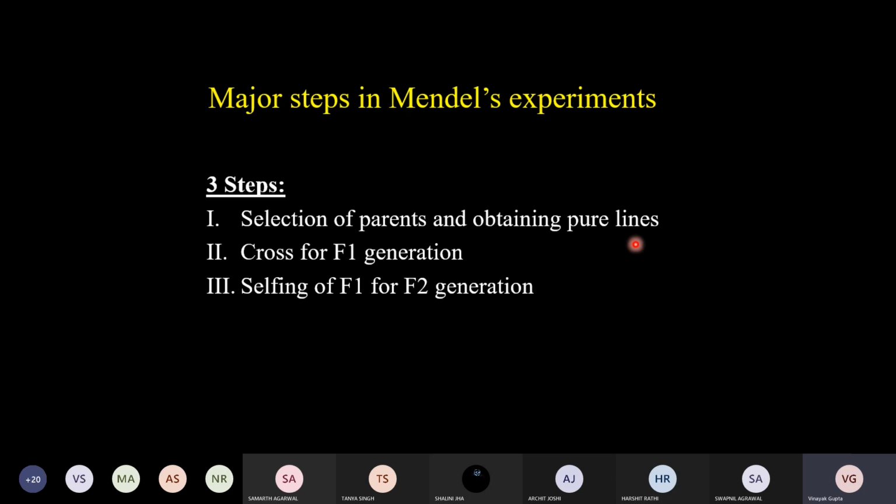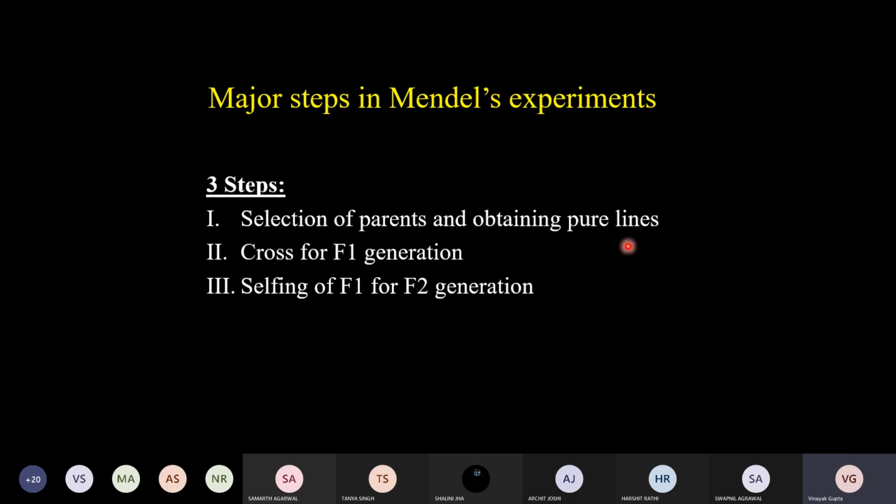We will discuss what we mean by pure line. Then he did the genetic cross between those parents to get the F1 generation. Then he did the selfing of F1. Selfing means self-fertilization of F1 to get the F2 generation. So three generations are there: parental generation, F1 generation, then F2 generation.